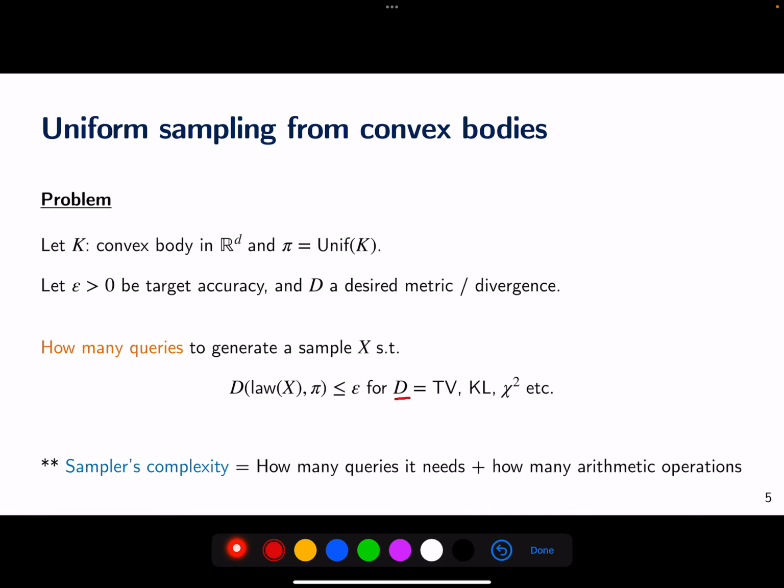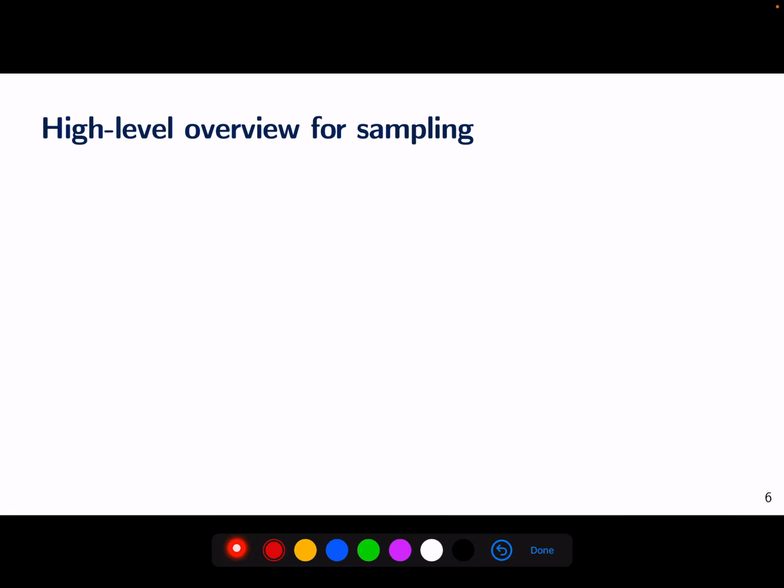The sampler's query complexity is simply how many queries you need, okay? And the sampler's total complexity is this query complexity multiplied by the per-step arithmetic operations, okay?